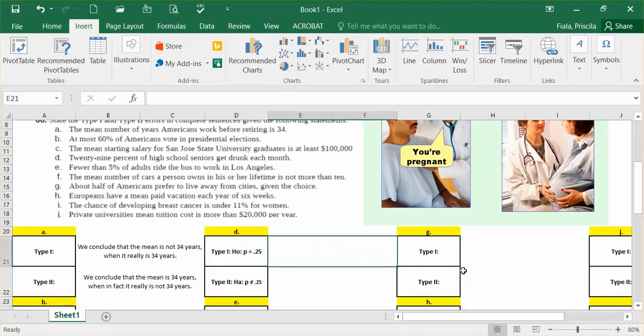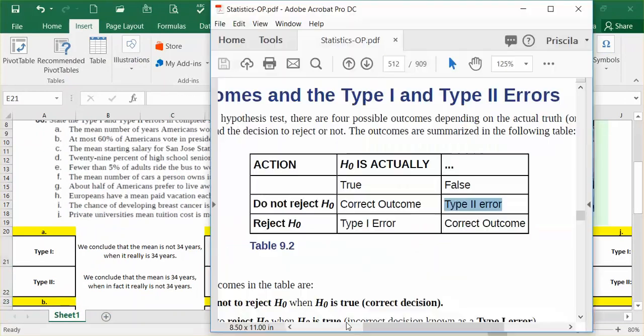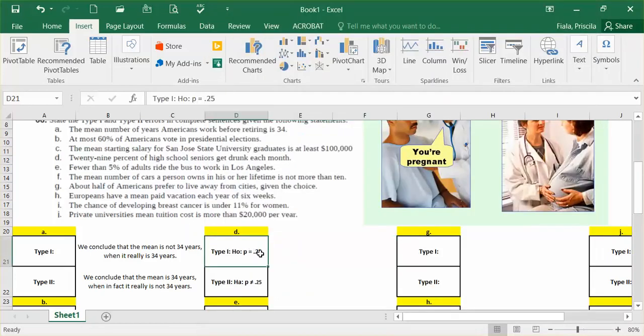Okay, so how do we make a type 1 error? We know that this statement here is true, but we're going to reject it, okay?